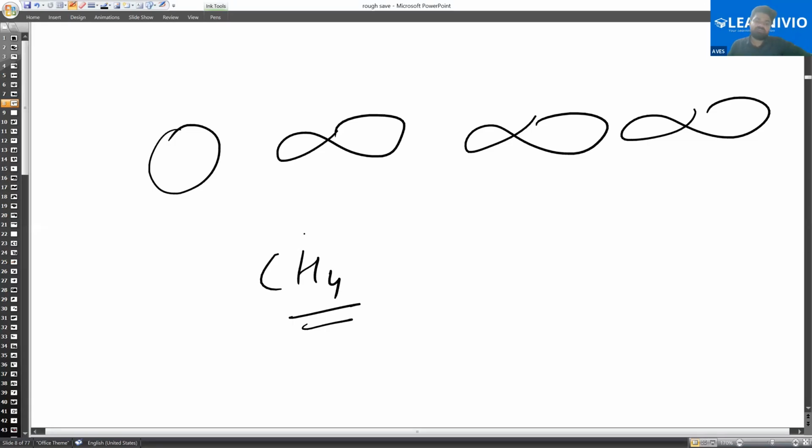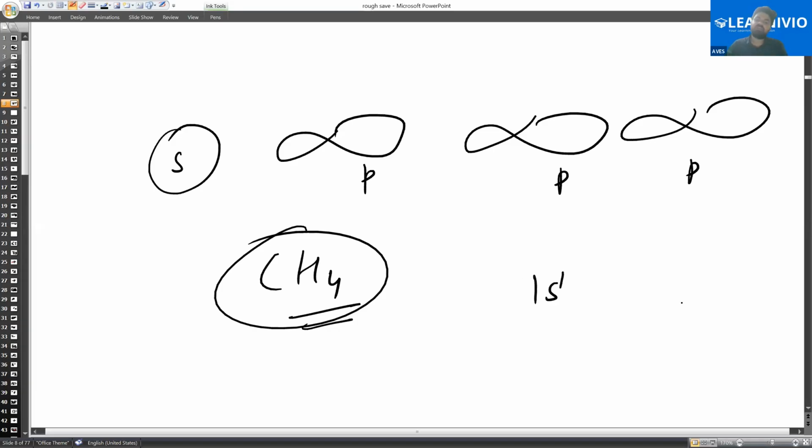If you are taking the condition of CH4, then in that condition, one s orbital, means 2s, the second orbital's s, and 3p orbitals are going to mix together. Okay, 3p orbitals are going to mix, and hydrogen has electronic configuration 1s1, means only the s orbital is there in the hydrogen.